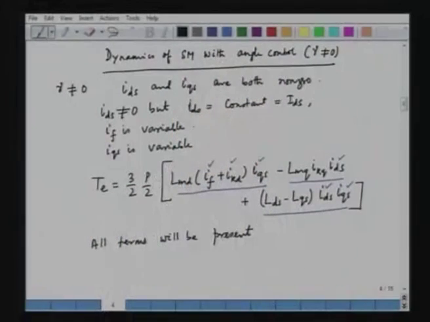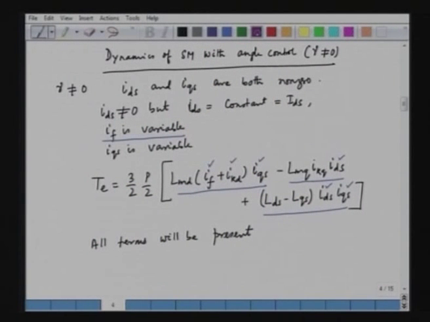In the d axis here, we have assumed IF is variable. So, if IF is variable, definitely IKD will be present. So, we can say that this leads to the result that IKD is present.